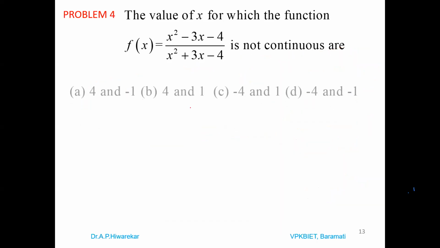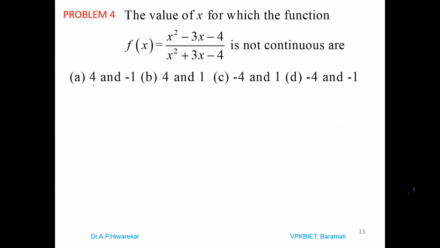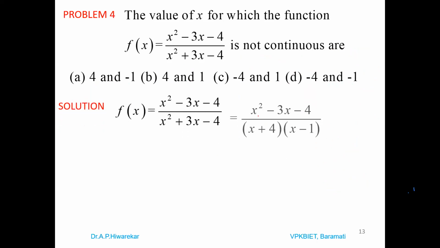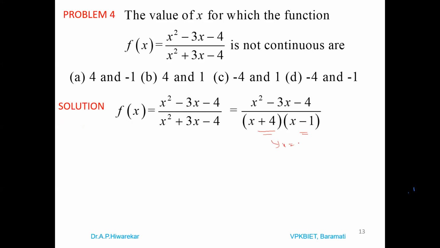Okay. So these are the options: A is minus 4, minus 1; B is 4, 1; C is minus 4, 1; and D is minus 4, minus 1. The factors of the denominator are x plus 4 and x minus 1. When x is minus 4, the function is not defined.